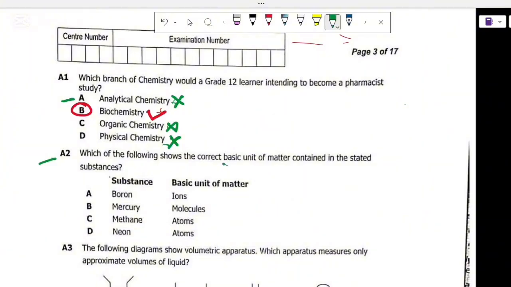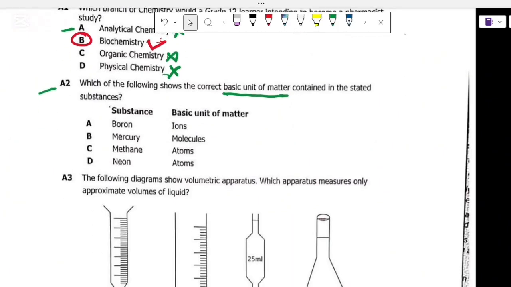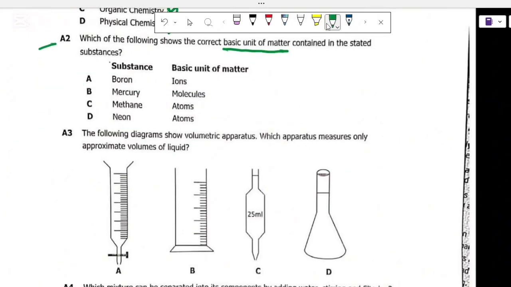That's the key. What does that mean? Well, the first thing that we need to understand is, when you're talking about matter, matter is anything that has mass and also occupies space. So two things: it has mass and also occupies some space.